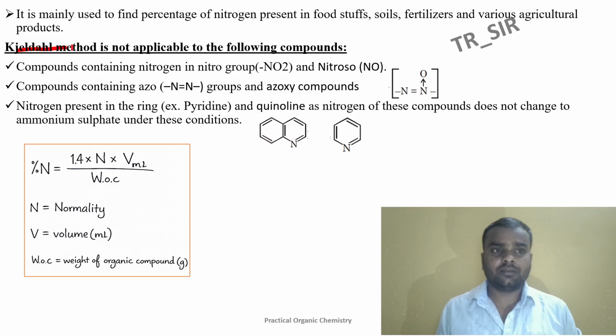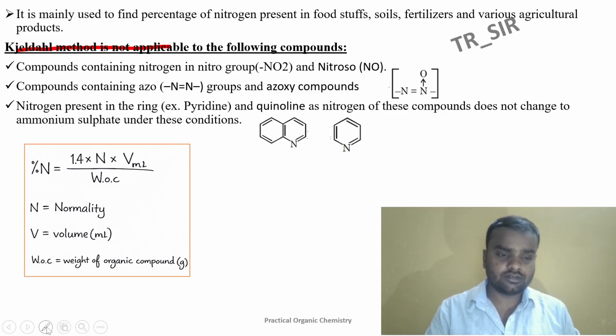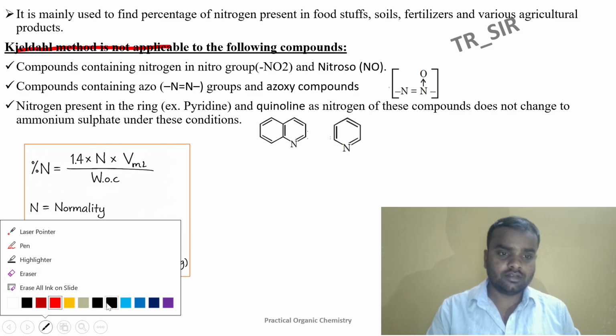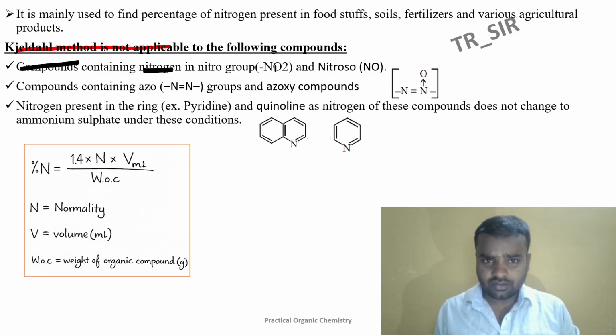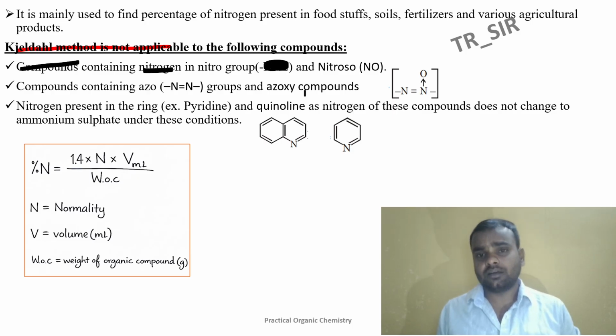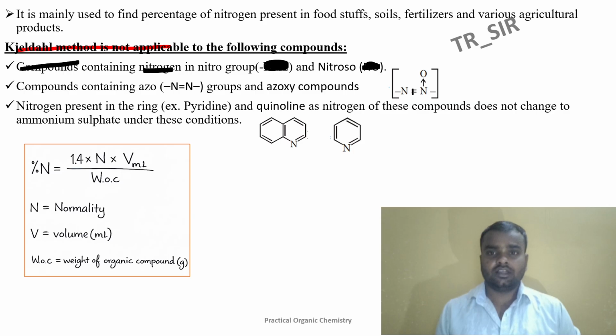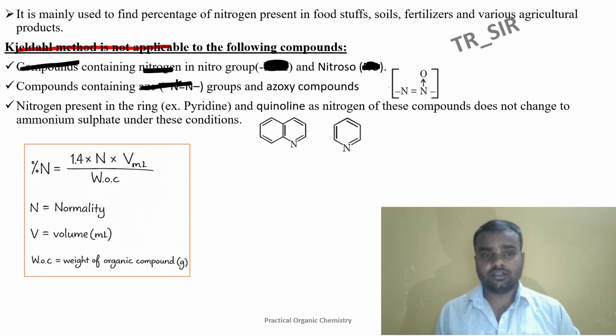The Kjeldahl method is not applicable to the following compounds. The first one is compounds containing nitrogen in the nitro group. If an NO2 group is present, the compound will not show the test, and nitroso also. Compounds containing azo groups will also not give the Kjeldahl method.